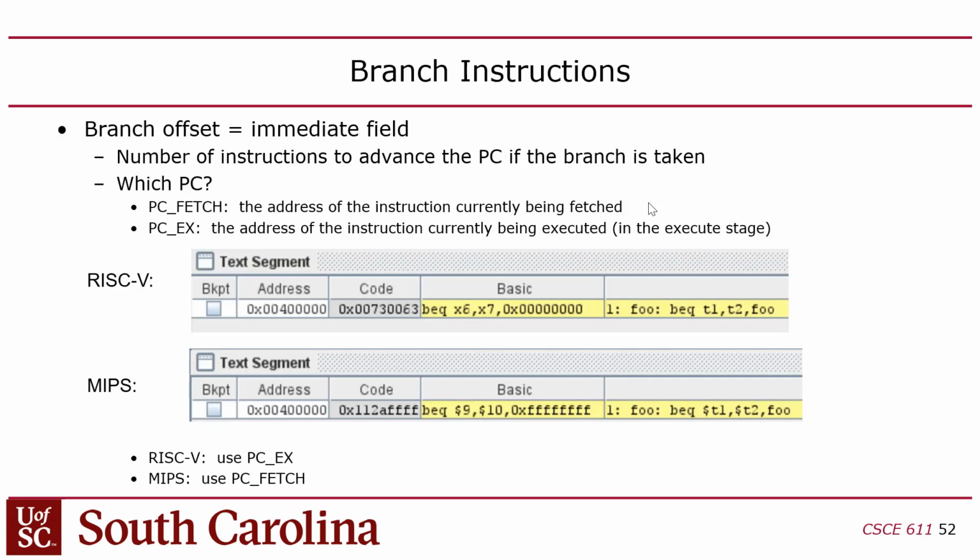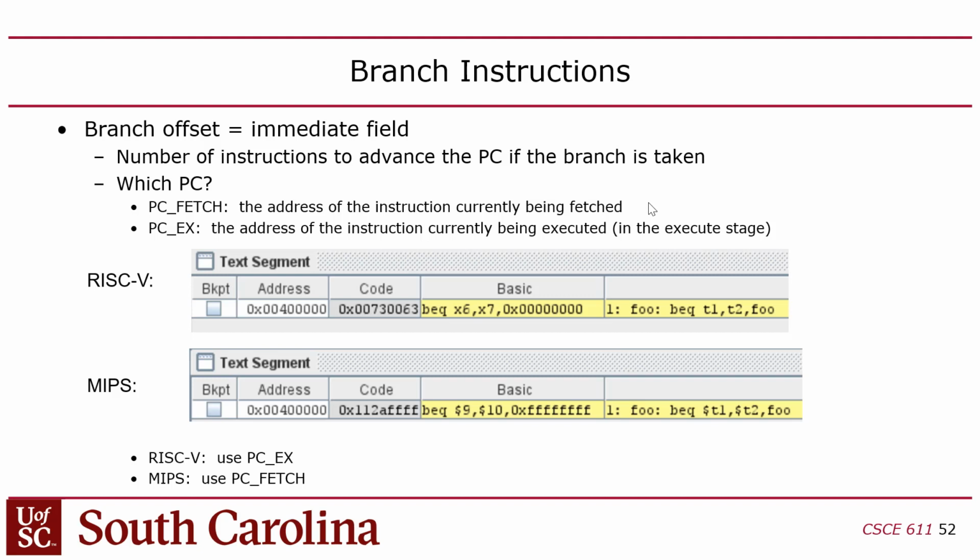Okay, so let's move on to the next lab then. Let's talk about branches. I'm going to get a little ahead here, but I want to get you ready for the next lab, which will be adding the branches and jumps. So the branches use a PC relative offset.